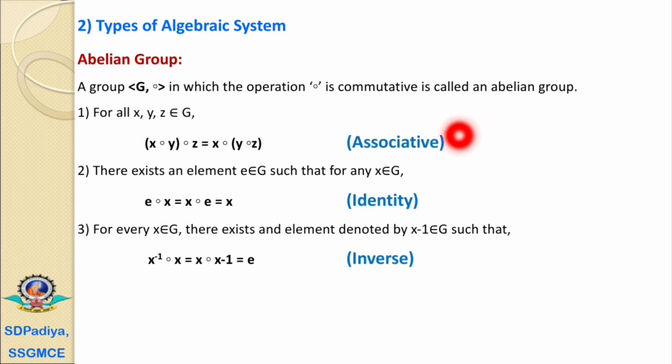It is a group, that's why it is already associative and has the identity element and inverse element. Now if it is commutative, that is x composition y is equal to y composition x, then we call it commutative. Now we can say that every abelian group is also a group, also a monoid, and also a semigroup.